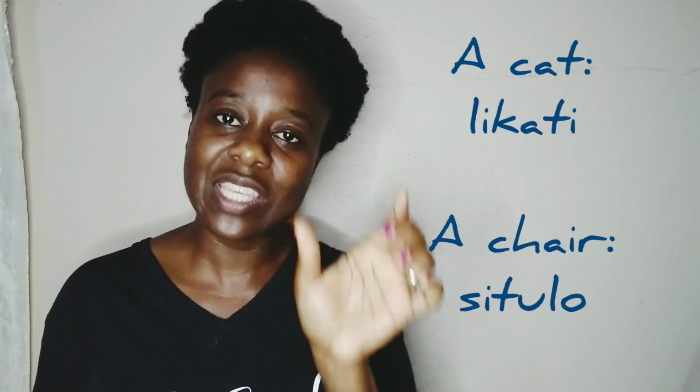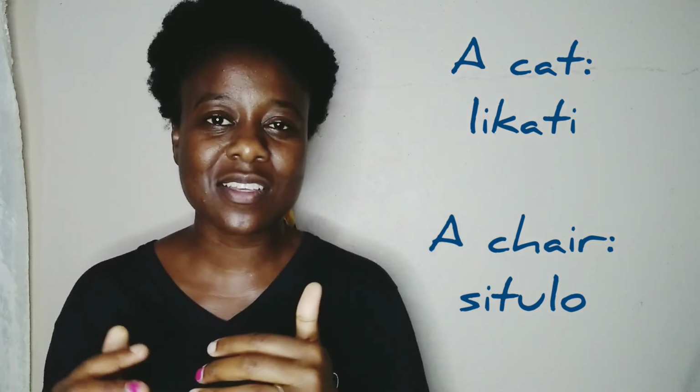It's just inja. In SiSwati, each noun has a class, and so each noun has a different beginning. You have inja, a dog, likati, a cat, situlo, a chair, and all of those little beginnings, the noun classes, are kind of like your article, but not really. So in short, we don't have articles in SiSwati. You just have your word. It comes as is, inja, dog, or a dog.